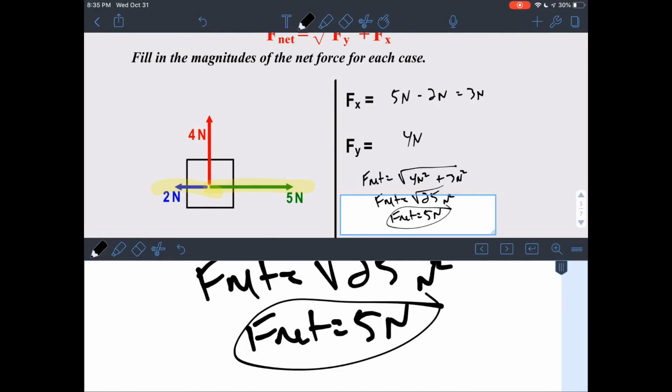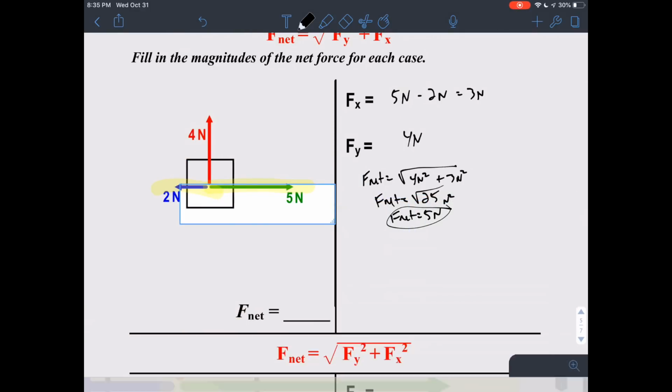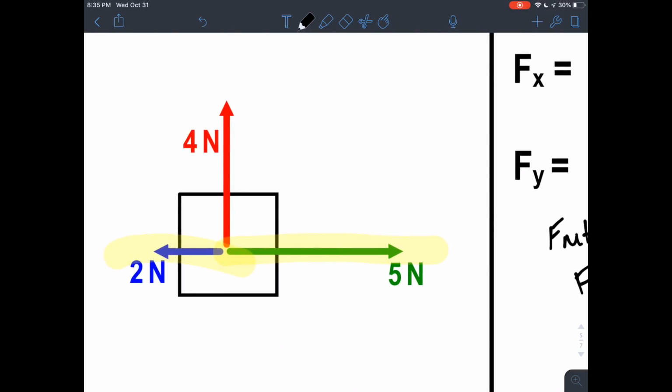And in this case, that force is going to be pointing, because of how we have our overall horizontal force being to the right and our vertical force being up, roughly 5 newtons up and to the right. Okay, so let's keep going here.